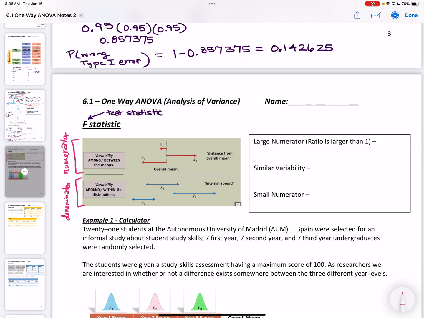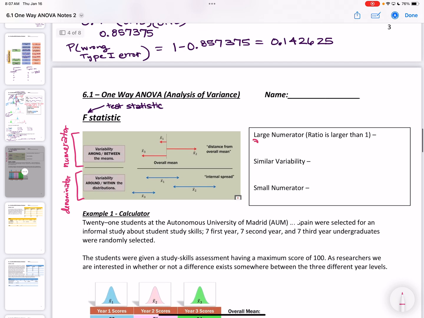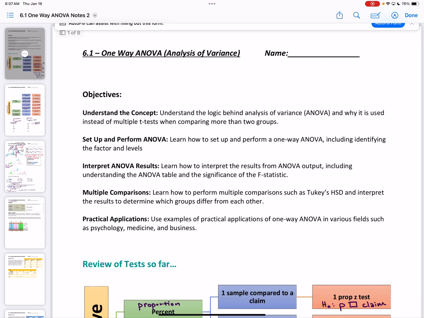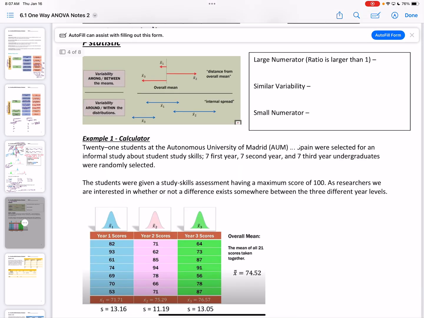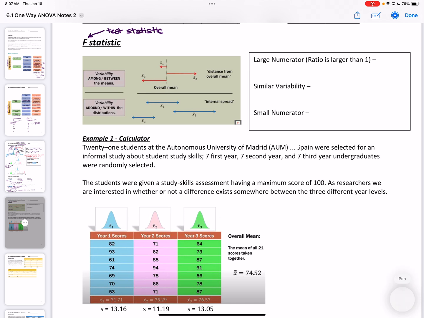So what happens if you get a large numerator? So you get a ratio that is larger than 1. That means at least one of the X bars is really far from mu or the others, okay?